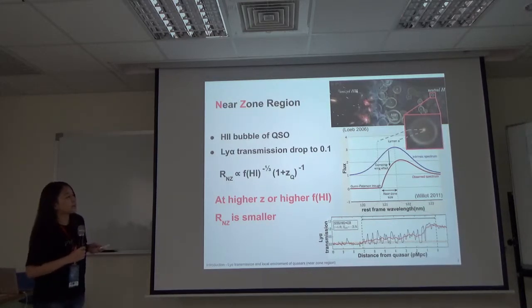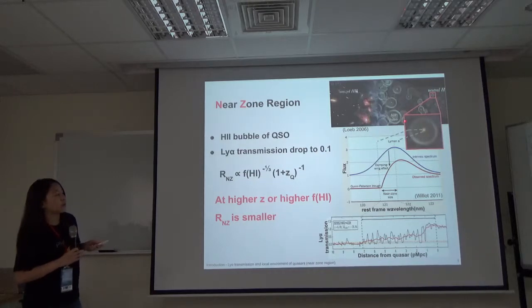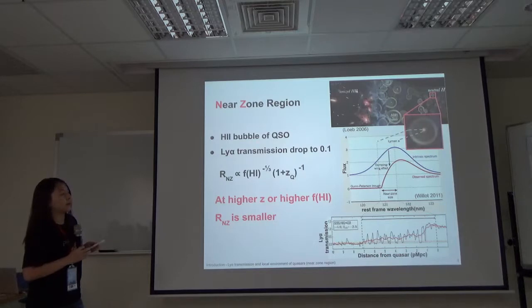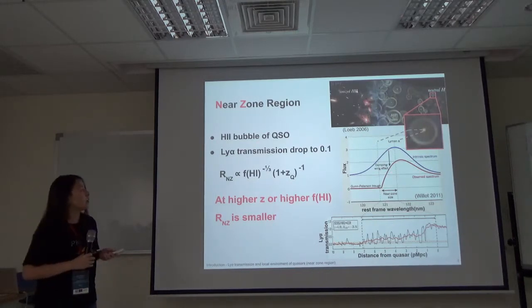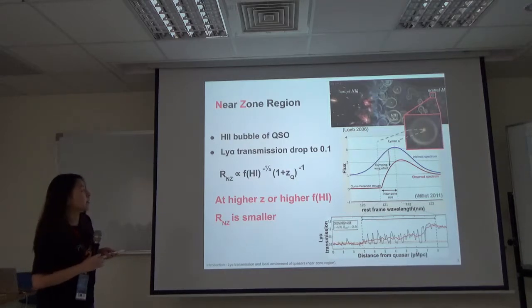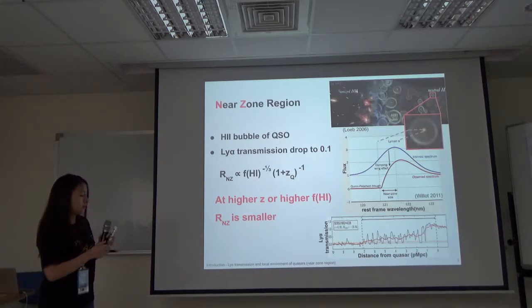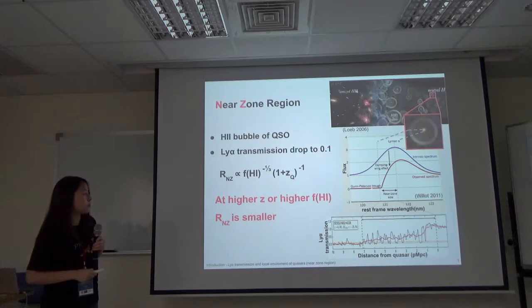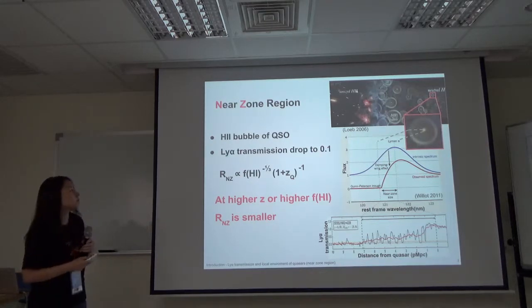In the quasar spectrum, the intrinsic spectrum of the quasar is the blue line, but due to the absorption by neutral hydrogen, we observe the red line. So we define the distance from the quasar to where the transmission first drops below 0.1 as the near-zone radius.